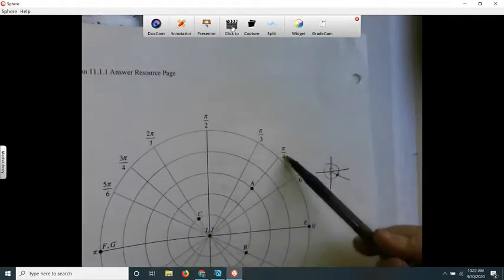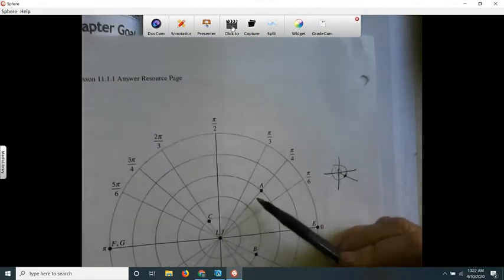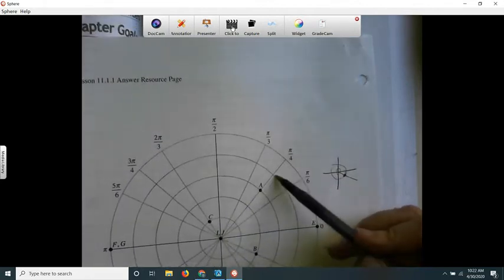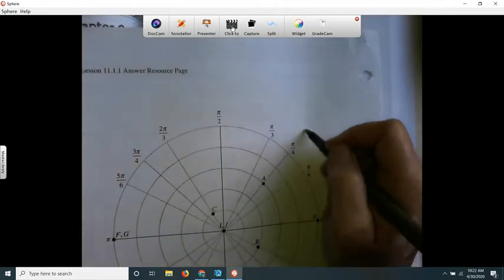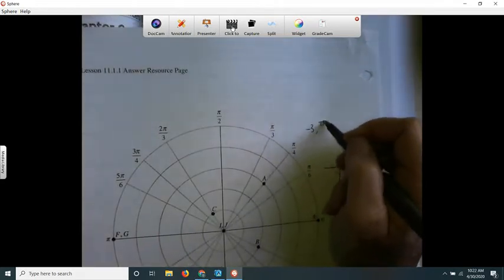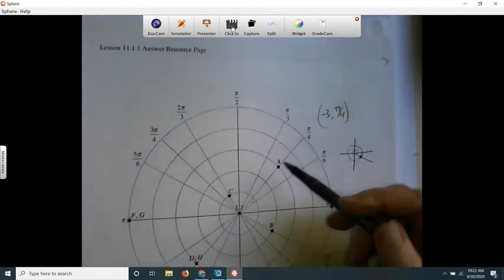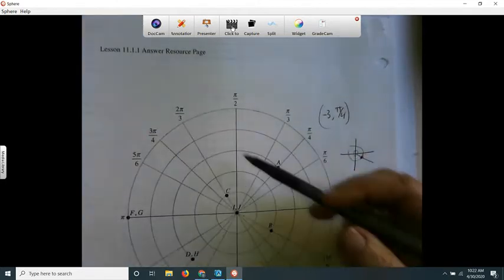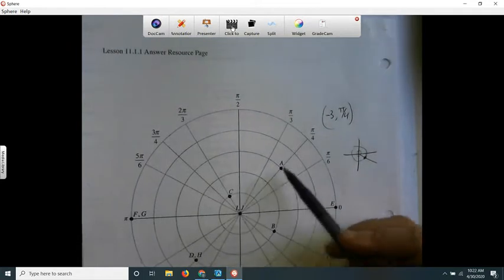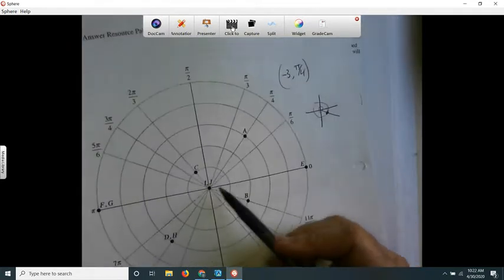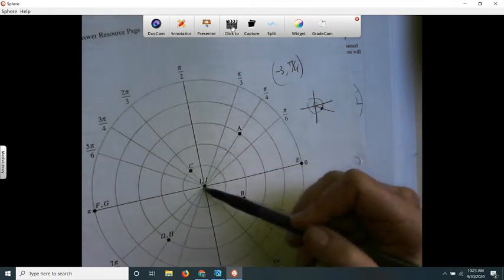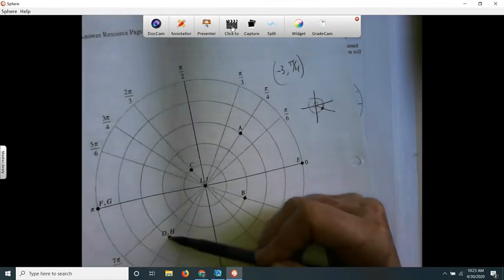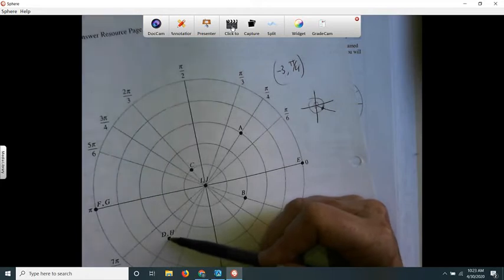So here's pi over 4, but instead of going out by 3, like 1, 2, 3, when it has negative 3, like if I want (negative 3, pi over 4), I'm going to reflect across the origin. So I'm going to go the other way. 1, 2, 3. Okay, that's actually letter D.